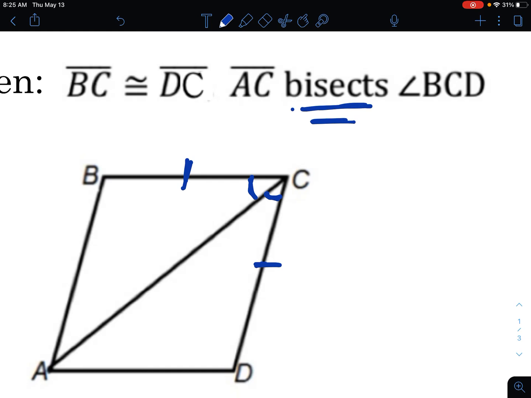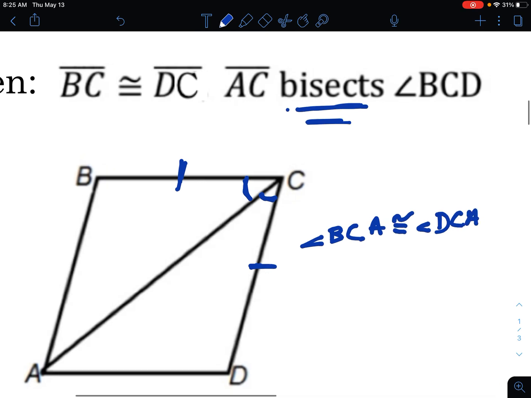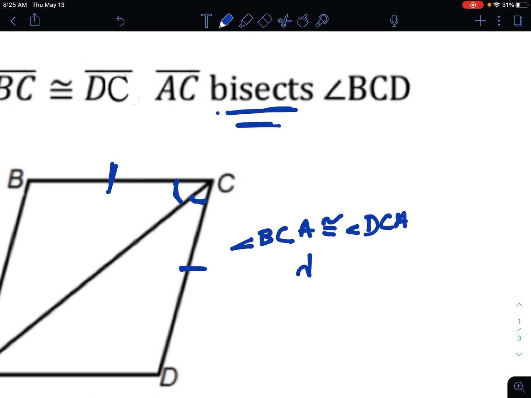The statement we could write would be angle BCA is congruent to angle DCA, and then that would just be the definition of bisect.